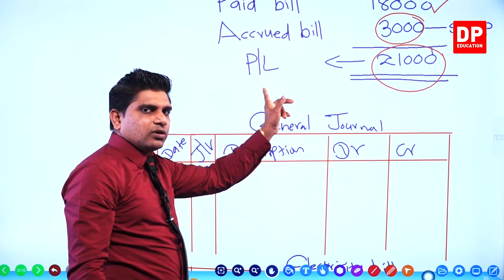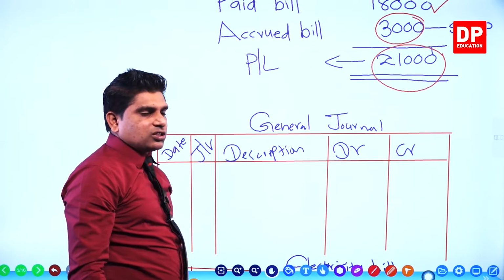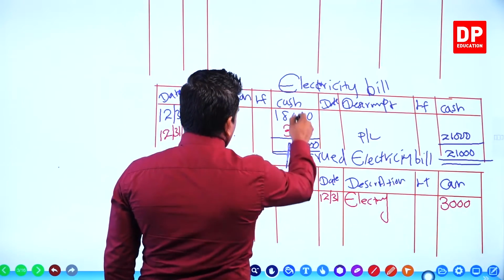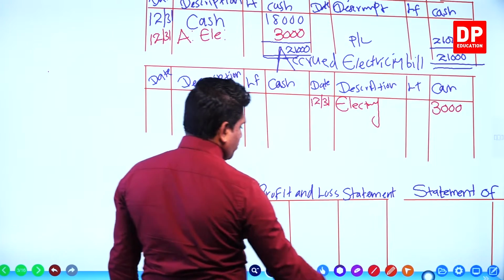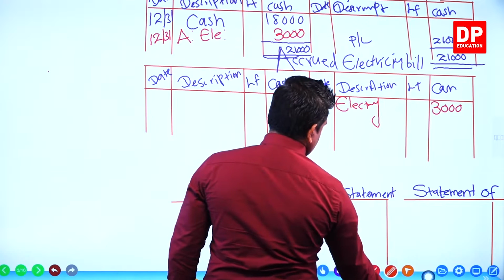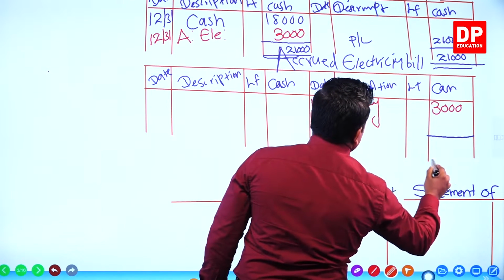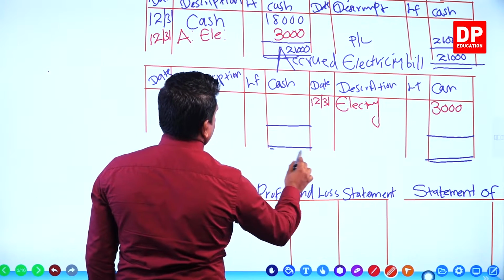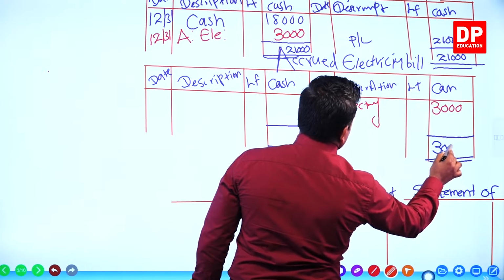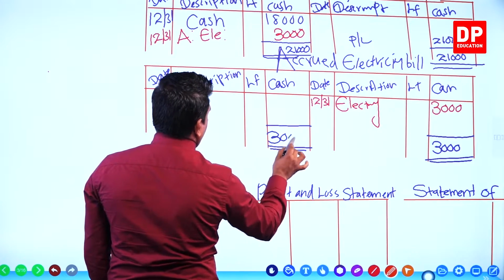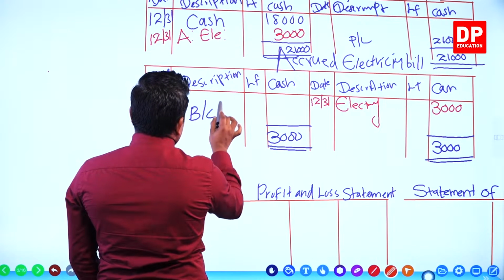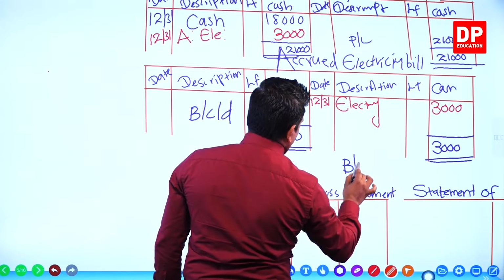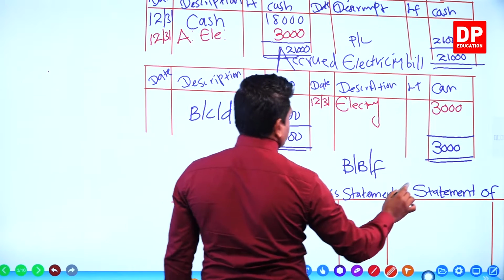At the beginning I told you profit and loss statement. Now 3,000 goes to the statement of financial position. Now I am going to balance that one, right? Then 3,000 balance carried down, balance brought forward 3,000.